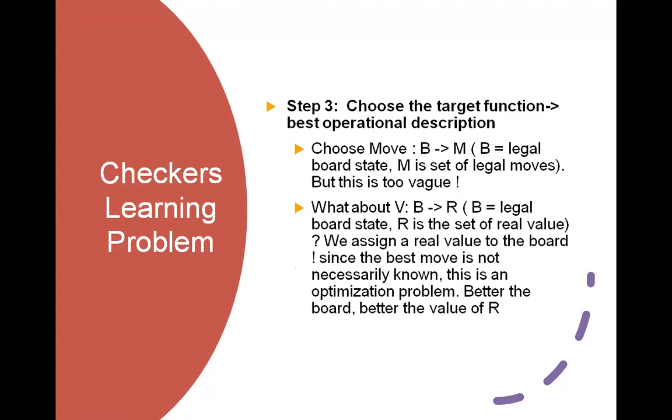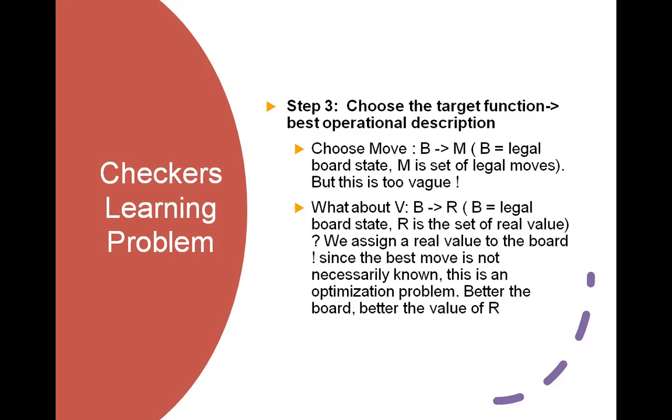The next step is you have to choose the target function. So what is a target function? You are making the system learn to play the checkers game. What should be the target function? What is utmost important in the decision of this game?